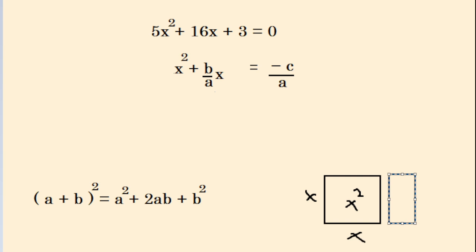Like one side is x, we already know it. The other side is b over a. A bit hard to draw though. The same thing we did with the previous one. It just looks a bit harder, but it's not. Well, it is a bit more complicated, but you solve it the same way.